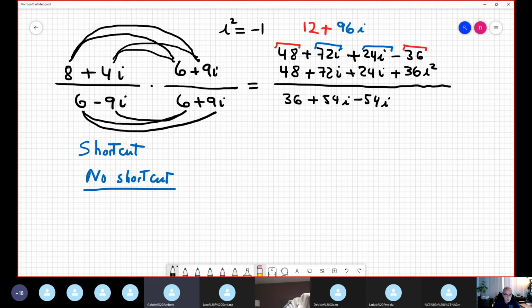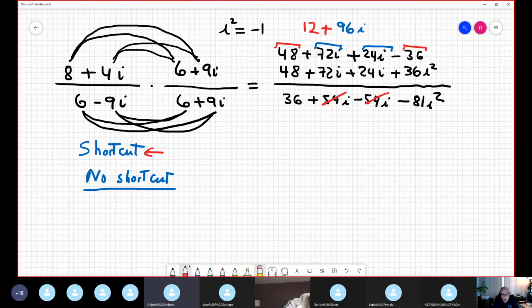And finally, negative 9i times 9i is negative 81 i squared. Yeah, so it always happens. I guarantee you 100%. That is the reason I recommend the shortcut, because you avoid this stupid situation.